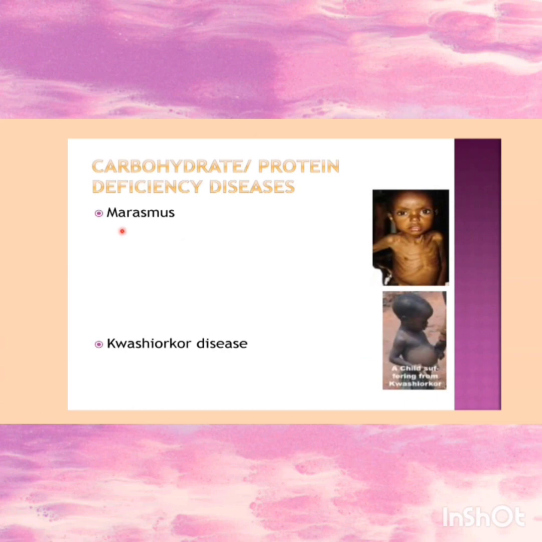You can see here two pictures: a child suffering from marasmus and a child suffering from kwashiorkor. Children suffering from marasmus are very thin and weak with loose folds of skin. You can see this picture.